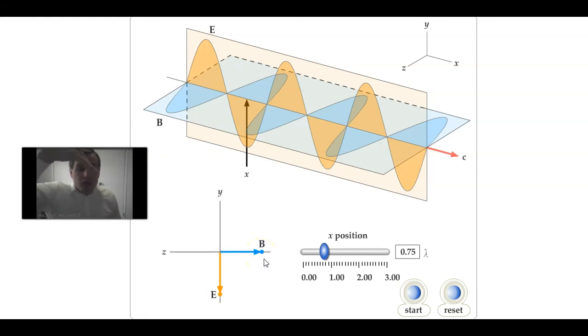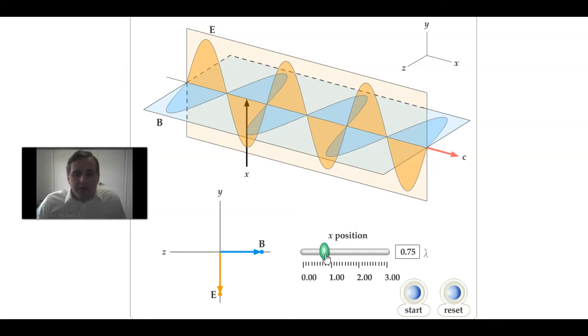Notice that the right-hand rule, E cross B, still gives the direction of C, which is the vector direction of the light. By the way, light typically refers to visible light, and electromagnetic radiation, or EM radiation, refers to the whole spectrum. I'll say more about that in a moment.